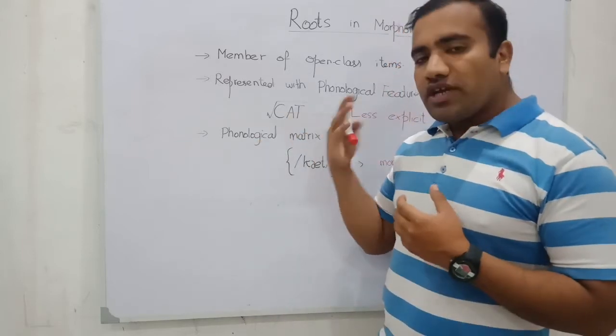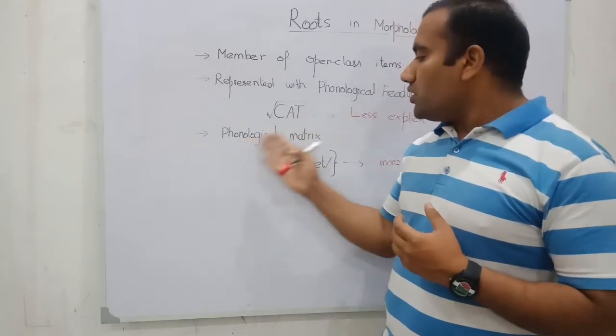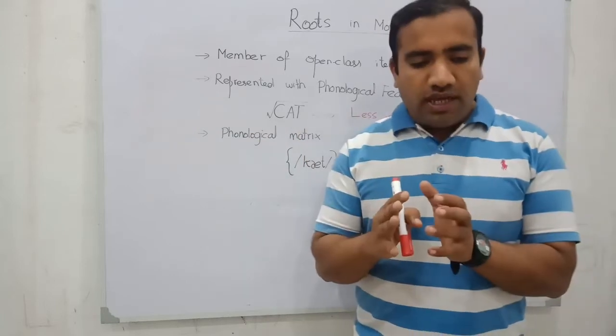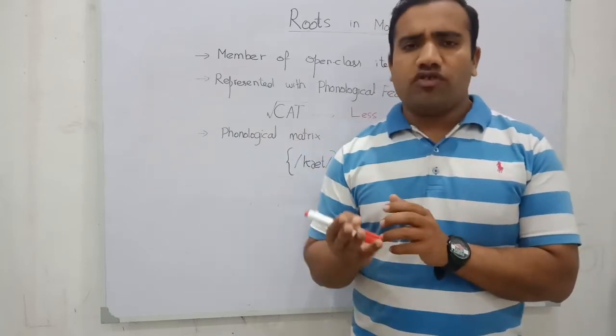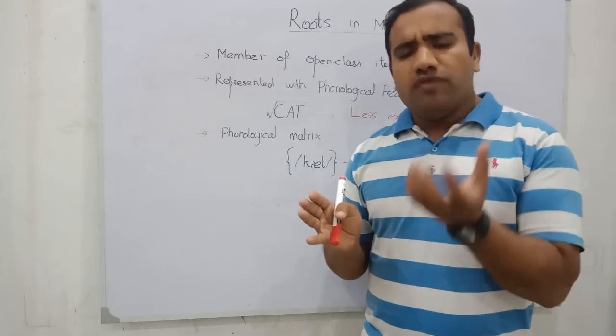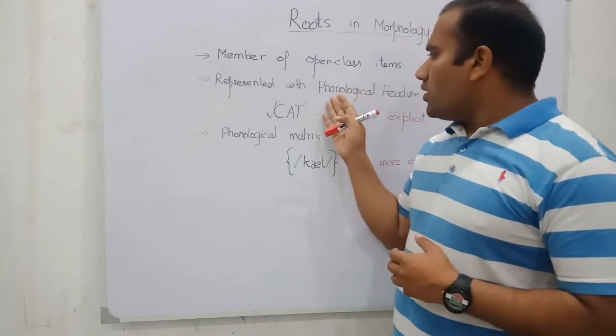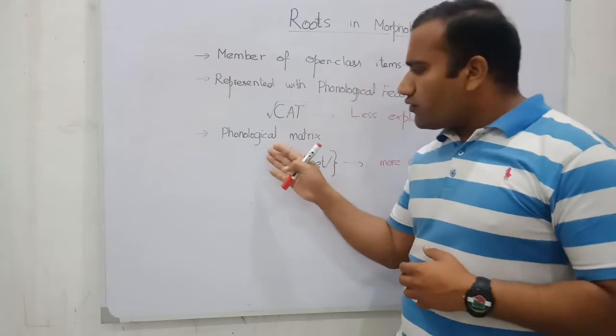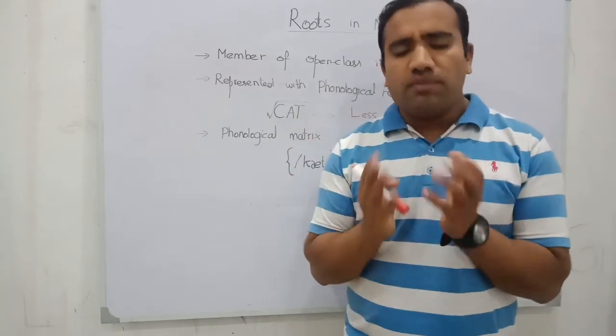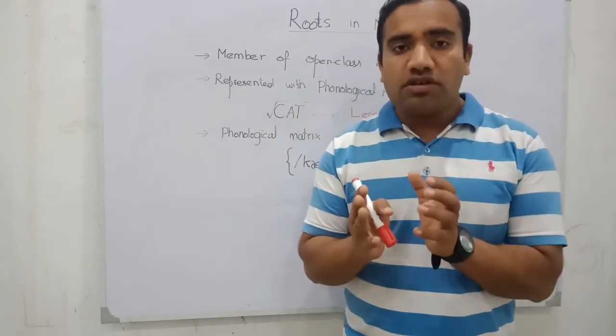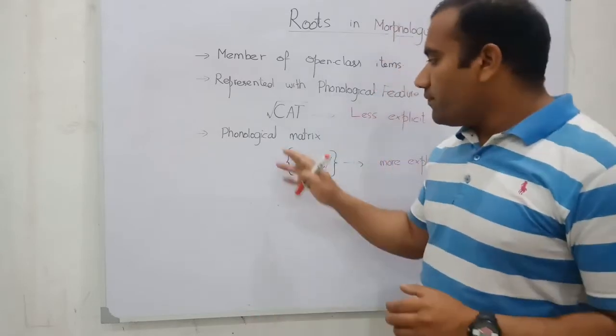The second concept is the phonological matrix. Roots have some phonological matrix. Phonological features and phonological matrices are the same thing, but the representation is different.